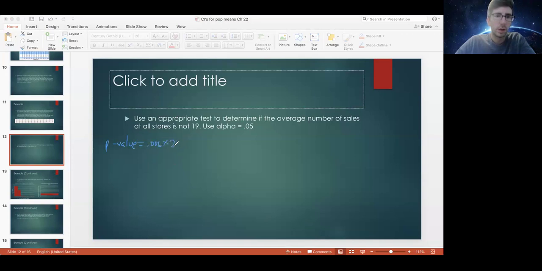Multiply by 2, and we get 0.012. This is in step 5. This is less than alpha 0.05.